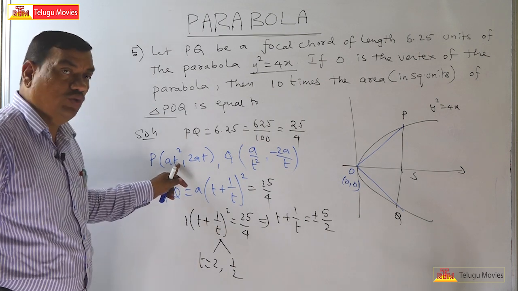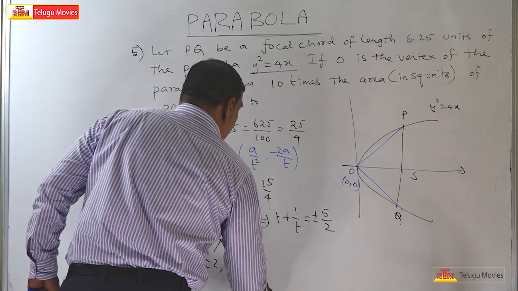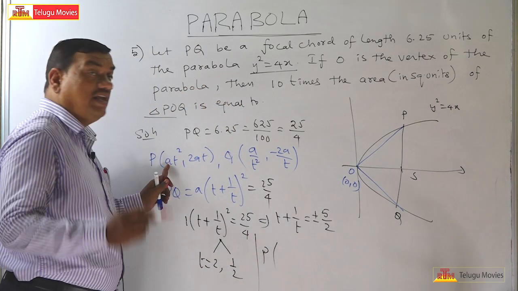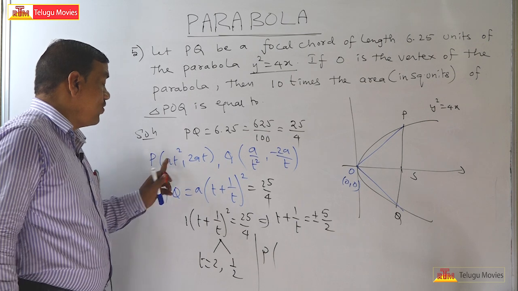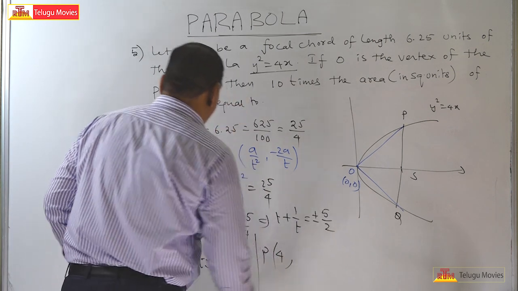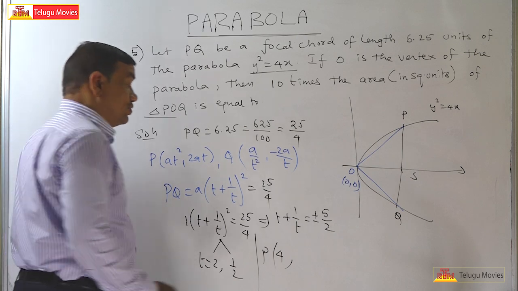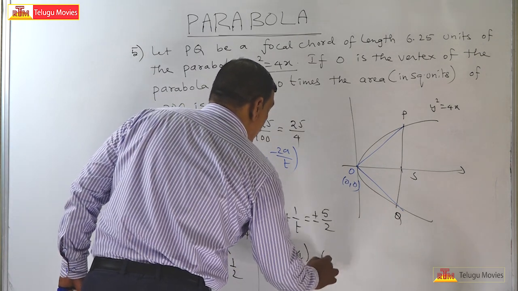If you take t is equal to 2, what are the coordinates of P? The value of a is 1. With t equal to 2, t square is 4, and 2t is 4. So P is 4 comma 4.